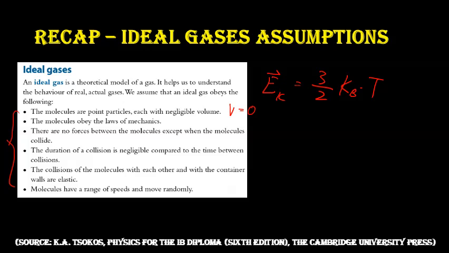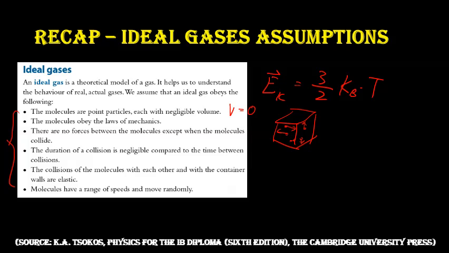That means when the molecules are inside the container here, the molecules would not collide with each other. What they do individually is just collide with the wall of the container itself, but not with each of the other gas molecules.